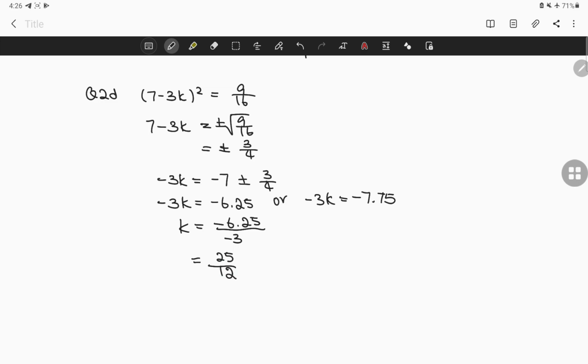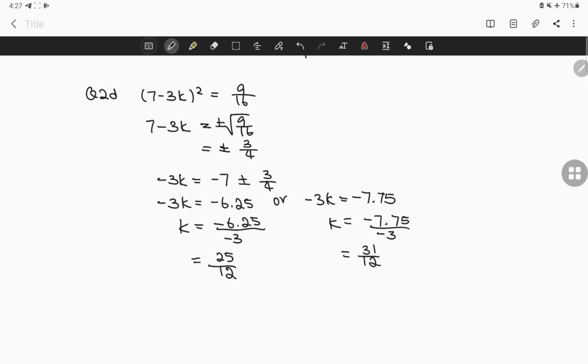Since this is an exact number, it's in fractions, we will just leave it as 25 over 12. So there is no need to round it off to 3 significant figures. On the right hand side, we would have negative 7.75 divided by negative 3, and then this would give us 31 over 12.